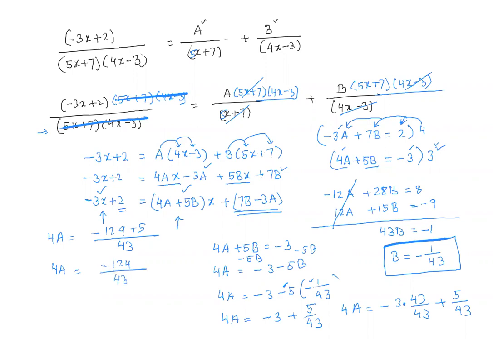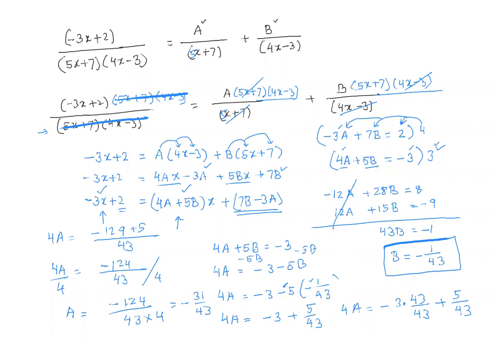Then divide both sides by 4. That gives you a on the left, and on the right -124 divided by 43 times 4. Now 4 goes into 124 31 times, so that's going to give you a is equal to -31 over 43.